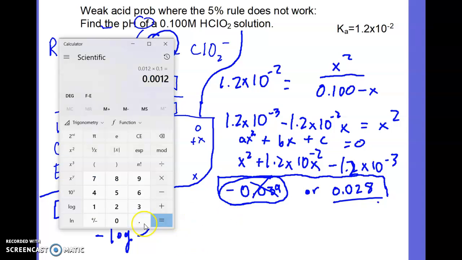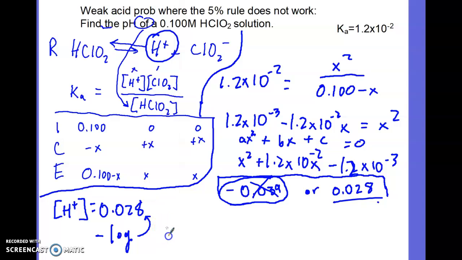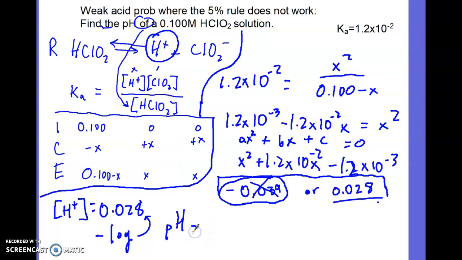So 0.028, we'll take the log of that and then change the sign. That would give us a pH of 1.55. 1.55 pH, pretty low, even on this scale. And of course, we could do the double check.